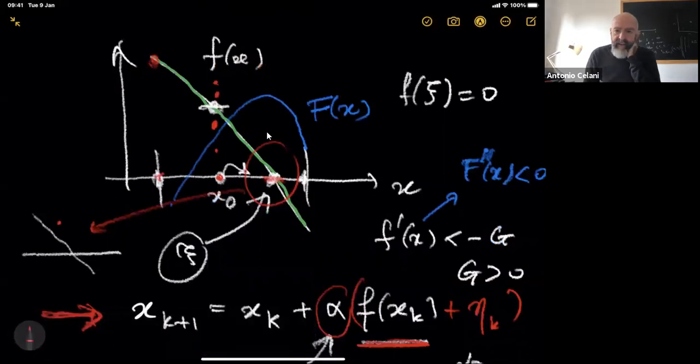Now if your alpha is large, very likely we will make a step across the zero. Since your distribution has a finite variance, you might well get a positive value for your random estimate even if you are on the right. If this happens, it is going to push you farther away from the point.